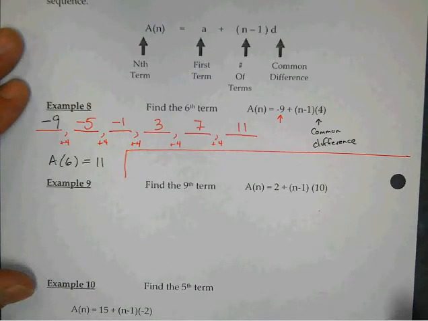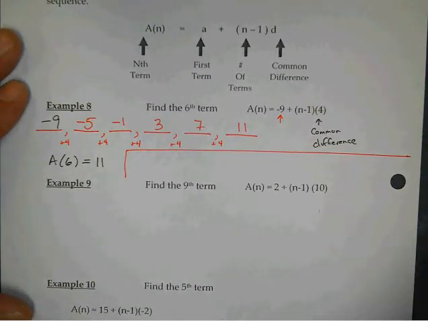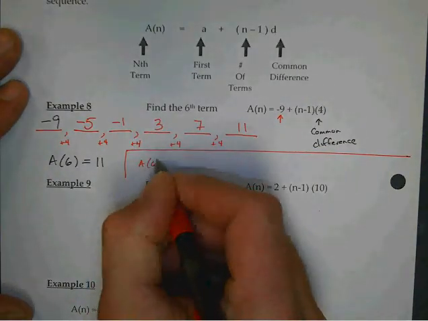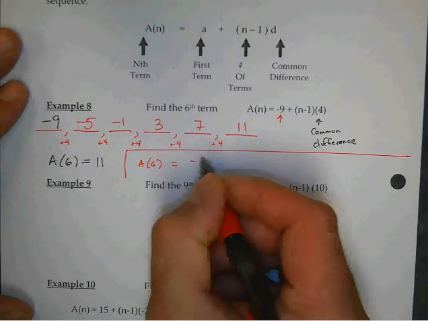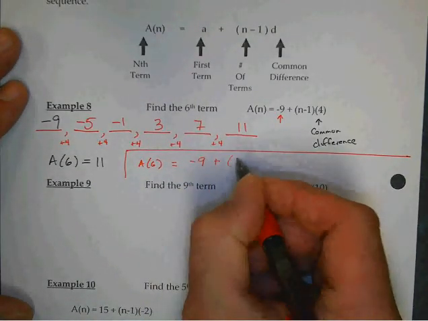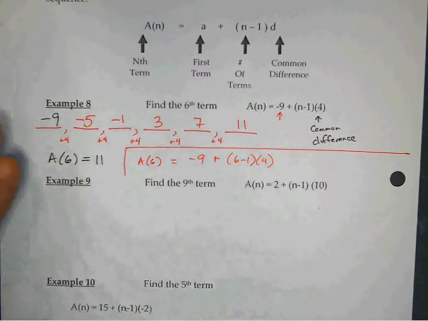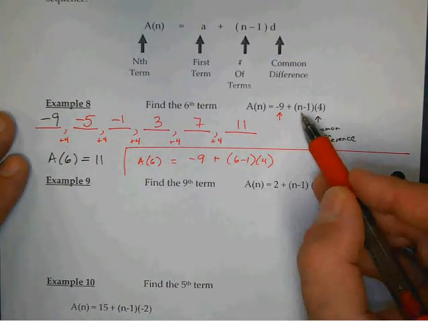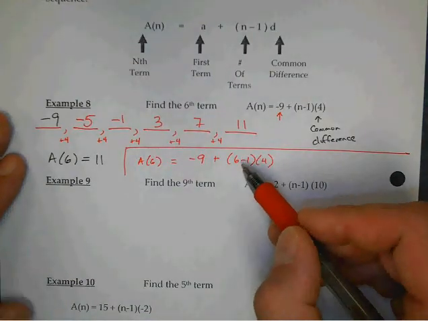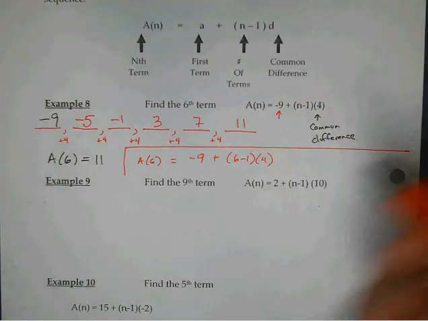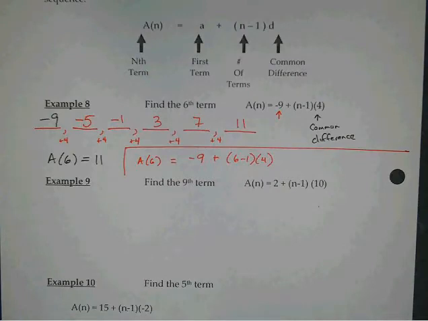Let's find the sixth term a different way. Let's take the number 6 and put it into the formula: 6 minus 1 times 4. So I replaced the variable n with 6. Think with me. What's 6 minus 1? 5.